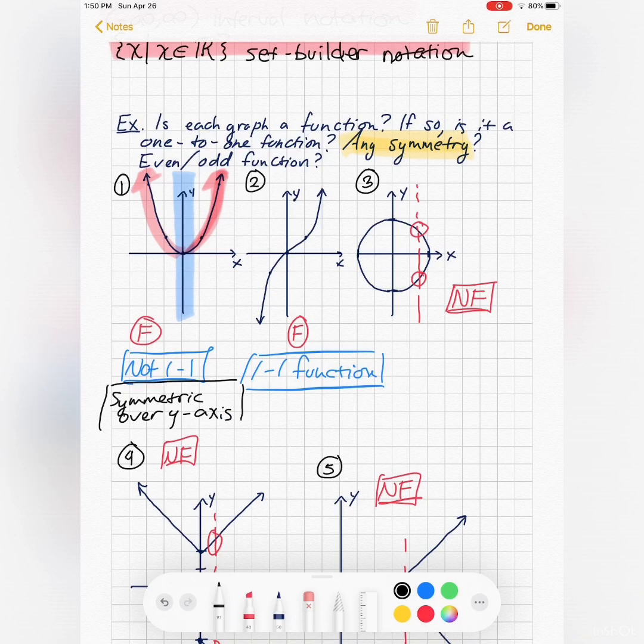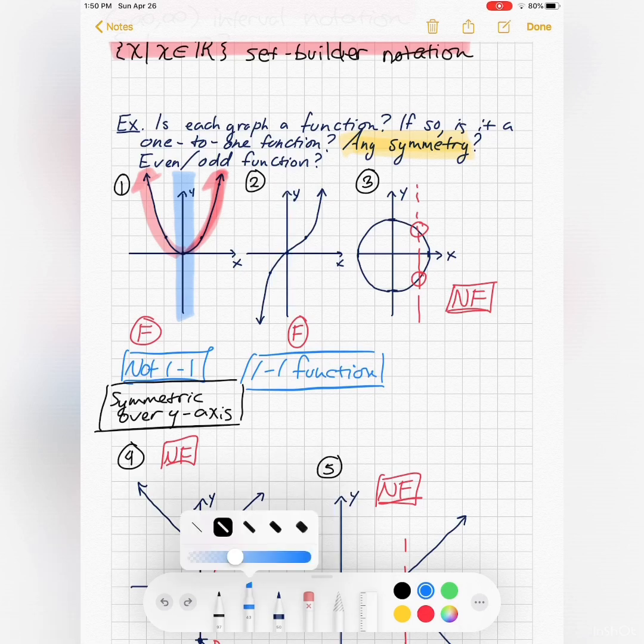Okay, let's see. What about number 2? Well, number 2 is an interesting one. Because if I was to take that graph and just fold it, say, over the y-axis, well, here's what would happen. This would be the graph I would end up with.